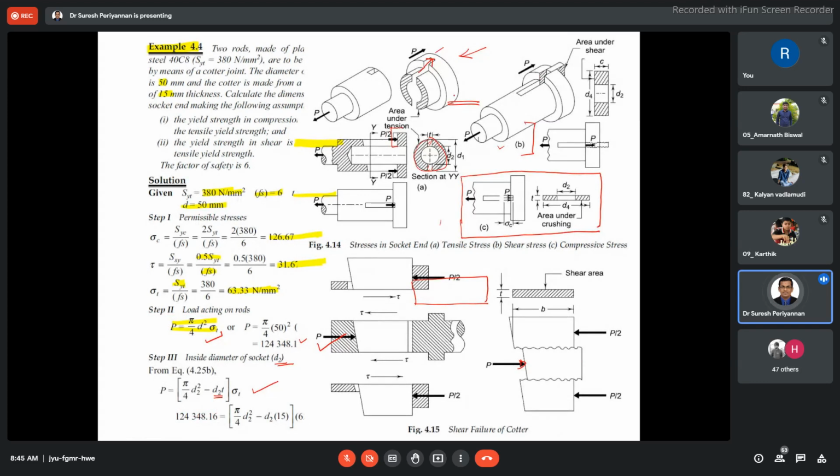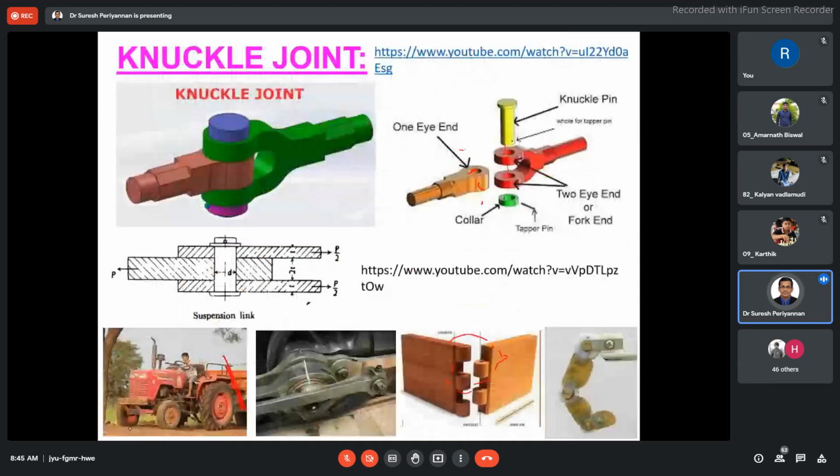Now we consider the total diameter d4. This is the collar of the socket, and d2 we already know. This dimension is d2, and this is d4. The area is d4 minus d2 into t.